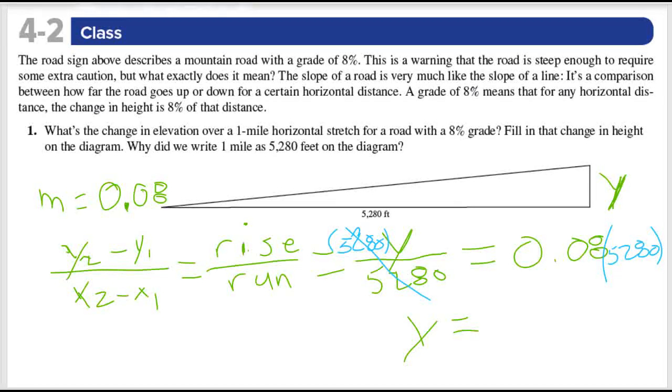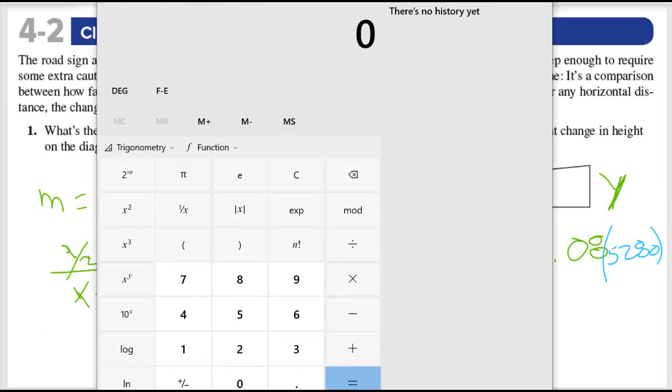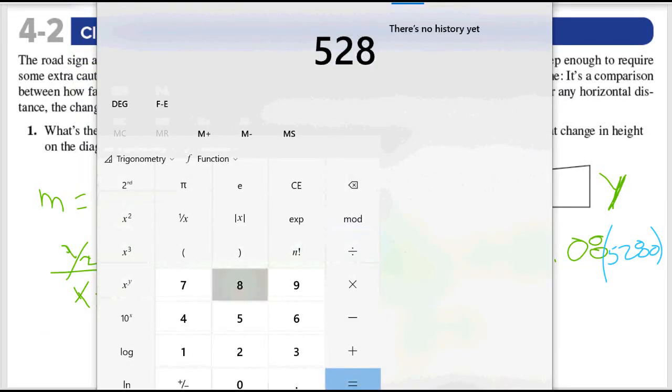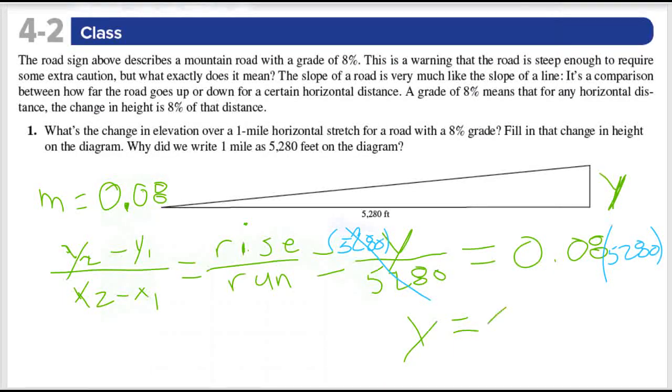And that equals 5280 times 0.08, 422.4. That is feet.